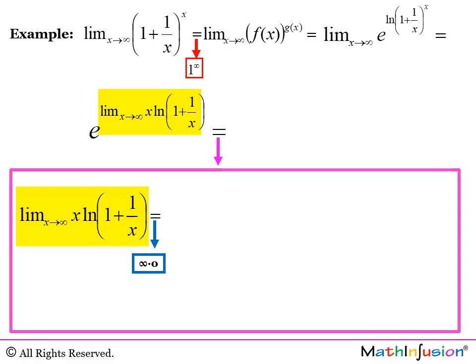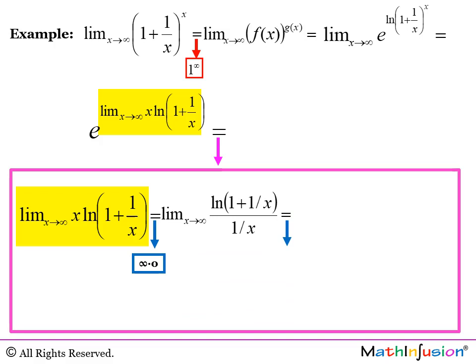This is the indeterminate form infinity times 0. I hope you remember the trick. Instead of multiplication by x that we have here, we have to divide by the reciprocal of x, which is 1 over x. And we get that.